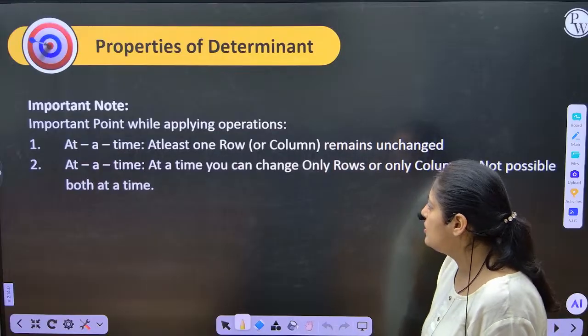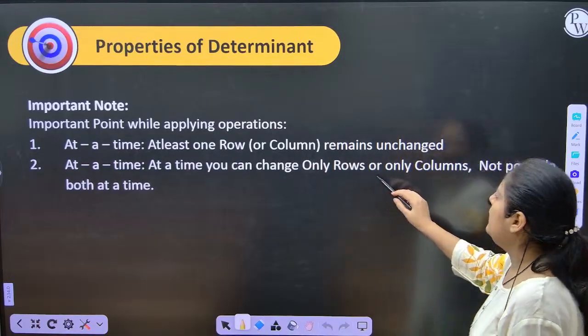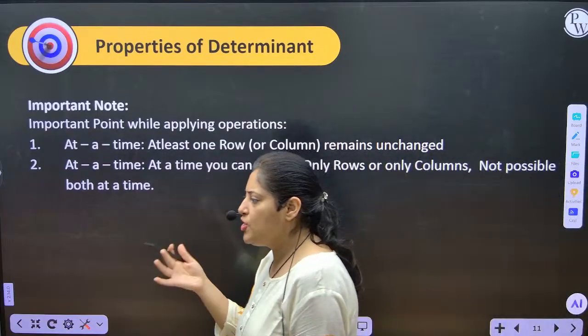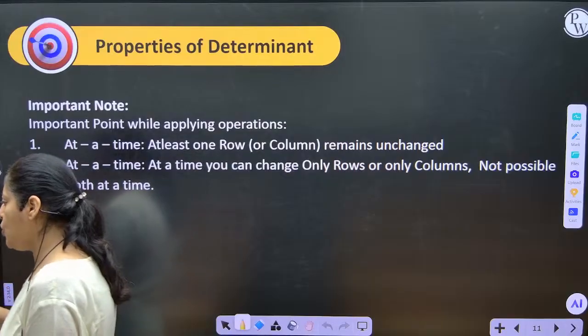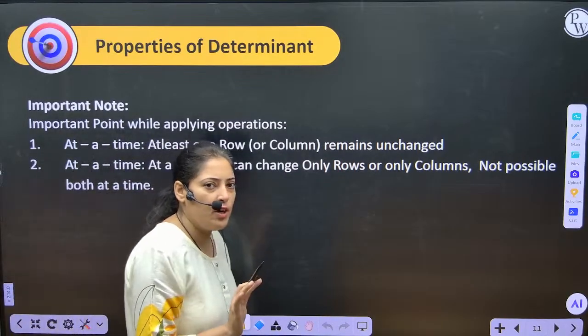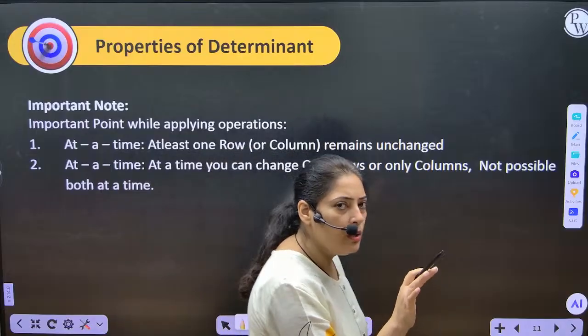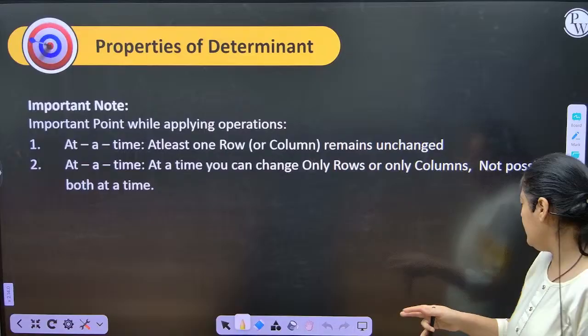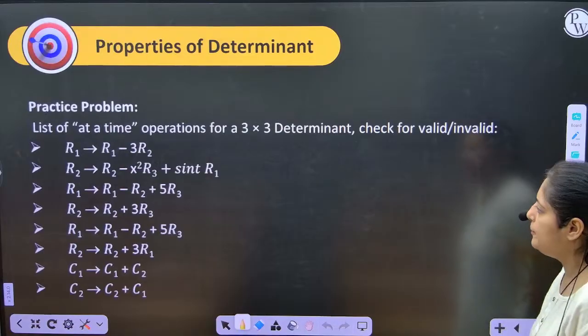You can change only rows or columns, not both at a time. First, if you are working with the rows, do it with the rows. Then if you want to go for the columns, go for the columns. Fewer chances of error.